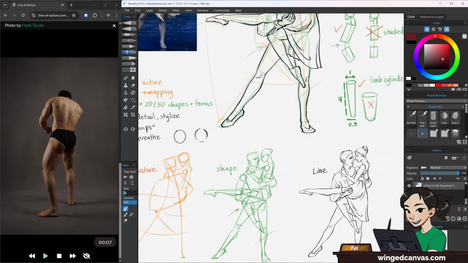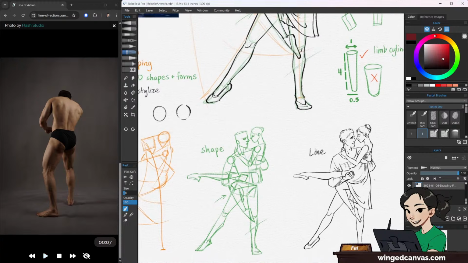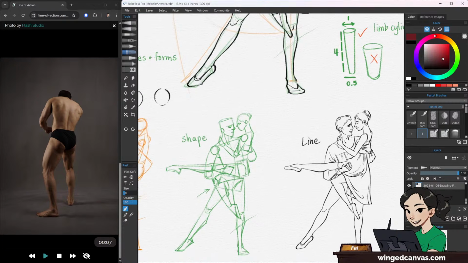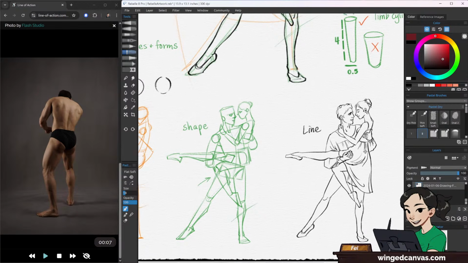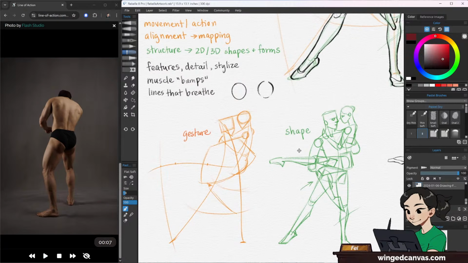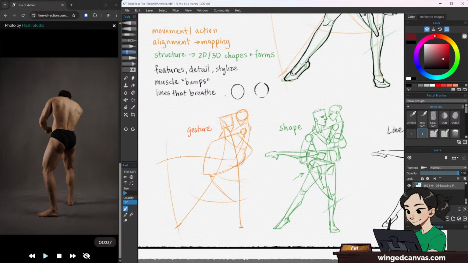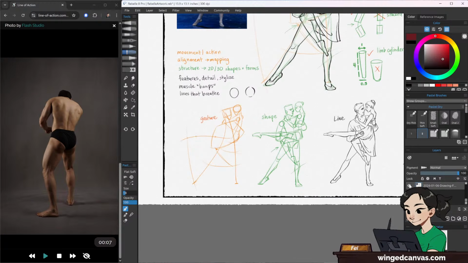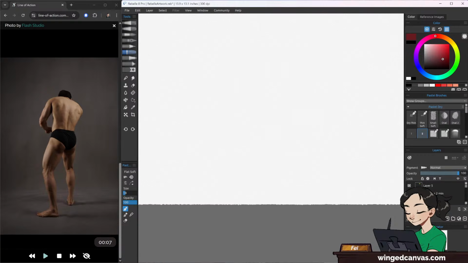Okay, we're not going to do any line drawing today because you all know how to do the details. We want to focus on the gesture and the shape first. Okay, so let's now move into, let's do 2 minutes.